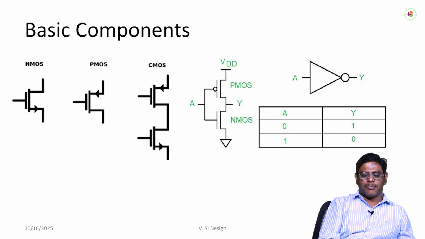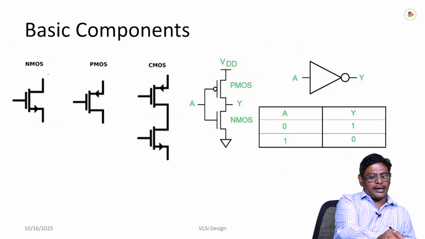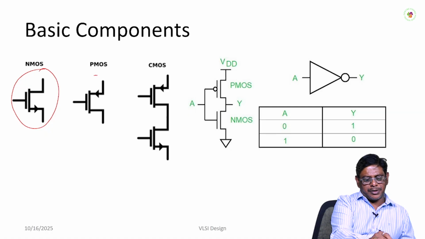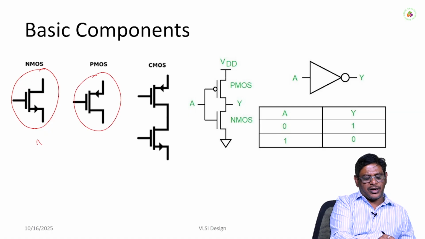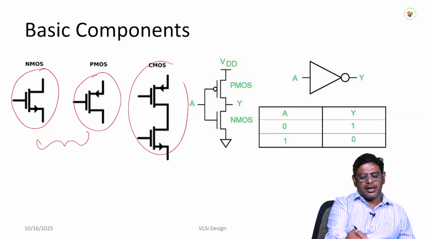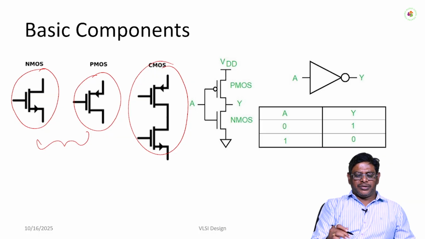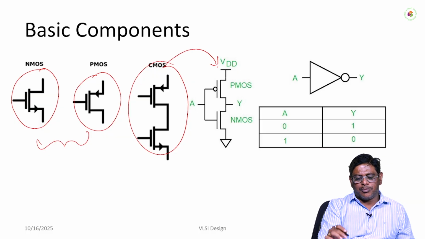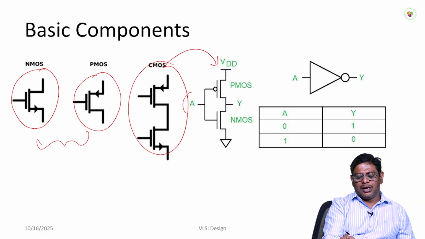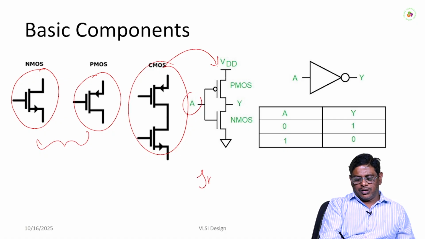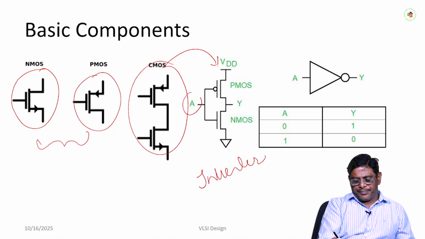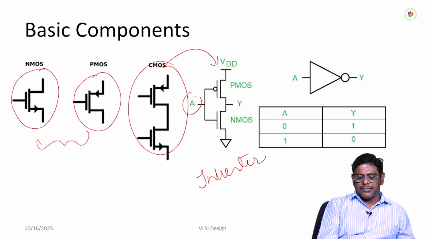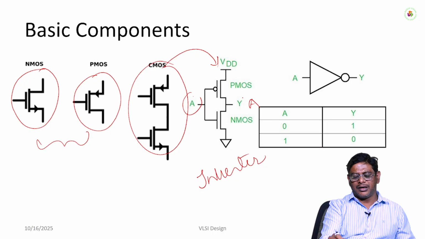So these are the basic components, as I told you: the NMOS structure as well as the PMOS structure, and a combination of N and P gives us the CMOS structure. With the help of this CMOS, the basic component involved here is the inverter circuit, where A is the input and A complement is the output.